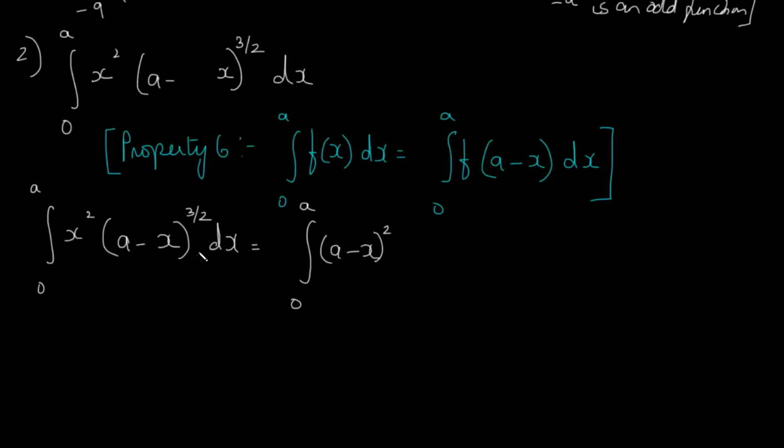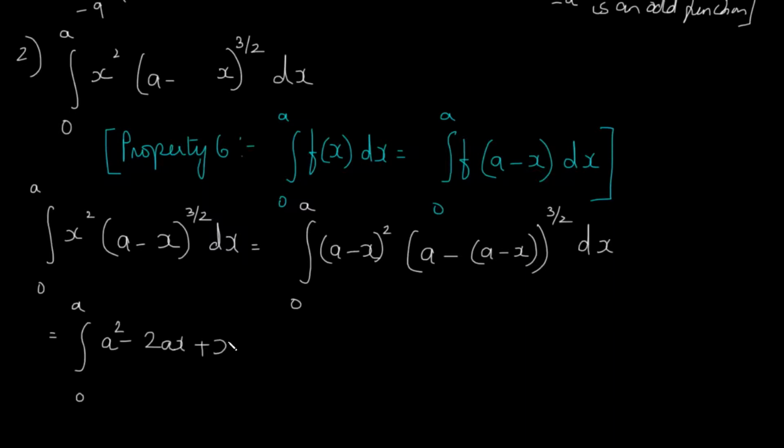So x squared becomes (a minus x) squared, and (a minus x) becomes a minus (a minus x), the whole raised to 3 by 2 dx. We expand the bracket, so we get a squared minus 2ax plus x squared.